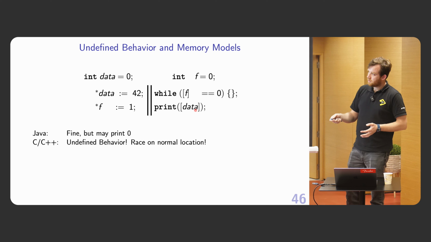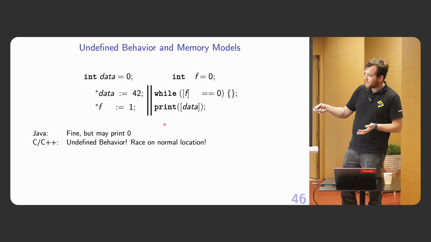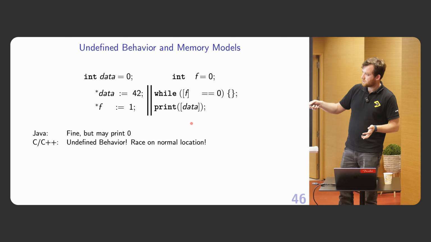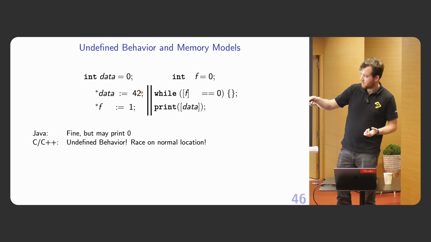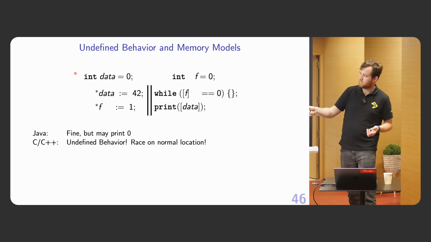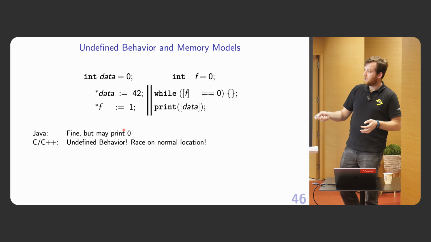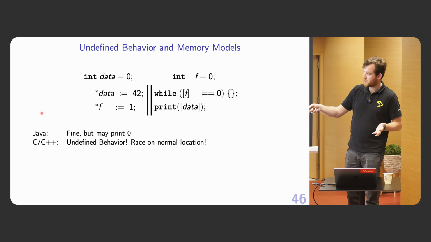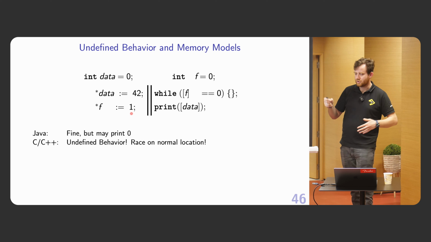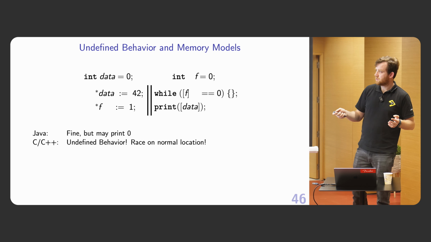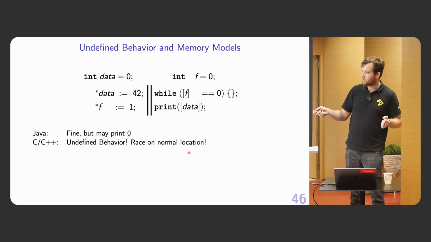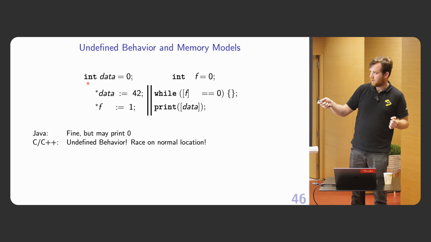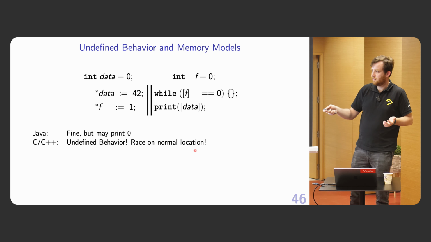In Java, actually, it's not the case in the memory model. Why? Because these two accesses could be reordered, right? So you could get the outcome, for example, 0, in Java. In C++, this program actually has undefined behavior because there is a race on normal locations. So if you mark data and f as just normal ints, then there is undefined behavior.